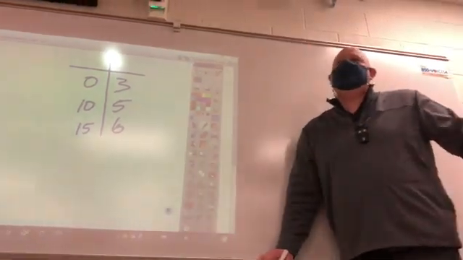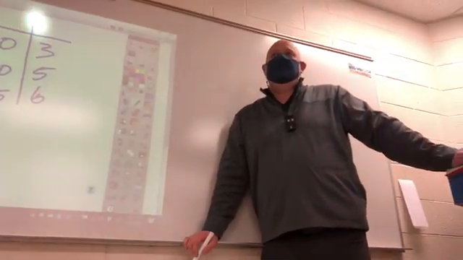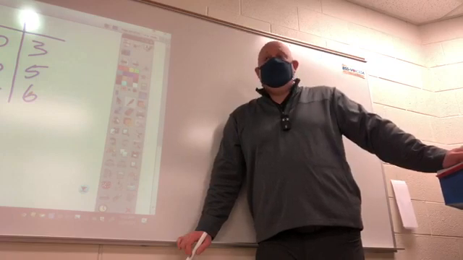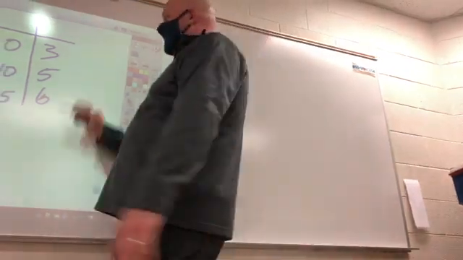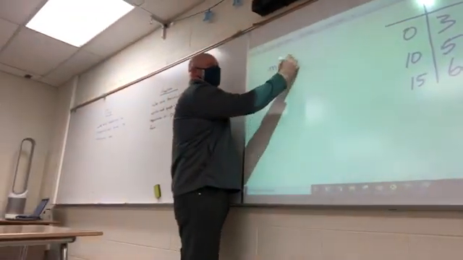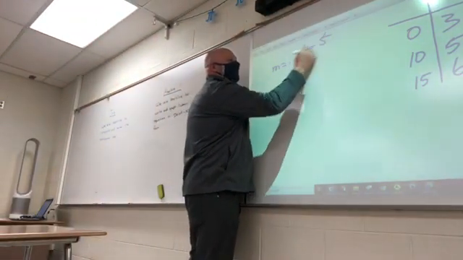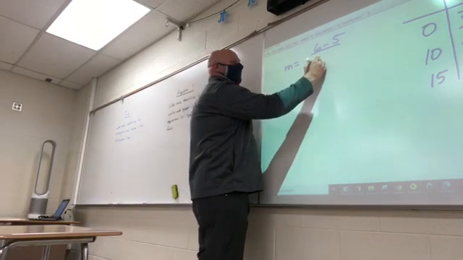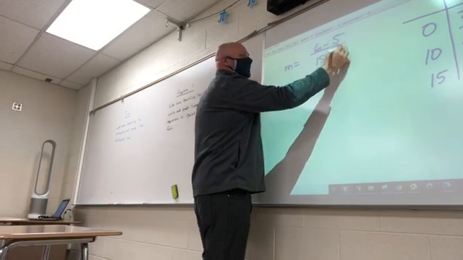Which points do you use to find the slope? Whichever one that floats your boat. So let's say you use these 2. So my slope is going to be 6 minus 5 over 15 minus 10.